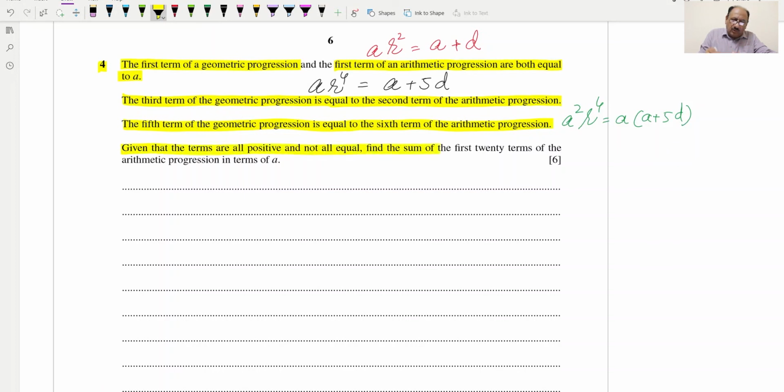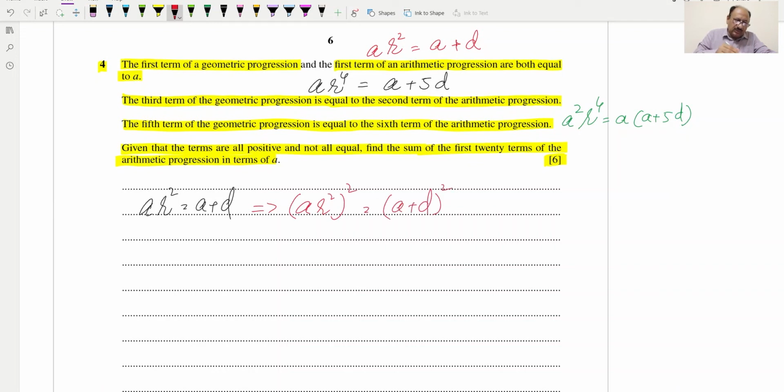Given that the terms are all positive and not all equal, find the sum of the first 20 terms of the arithmetic progression in terms of a, and this is a 6 mark question. So we can write, as we discussed, a r square is equal to a plus d, and from here this implies a r squared whole squared will be equal to a plus d squared.